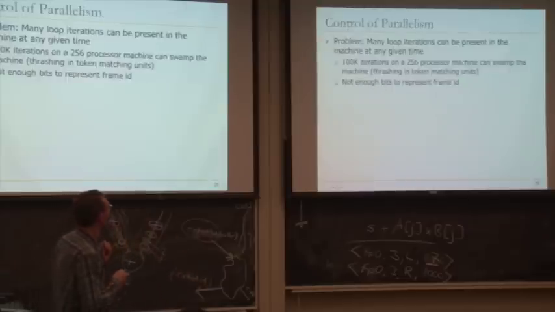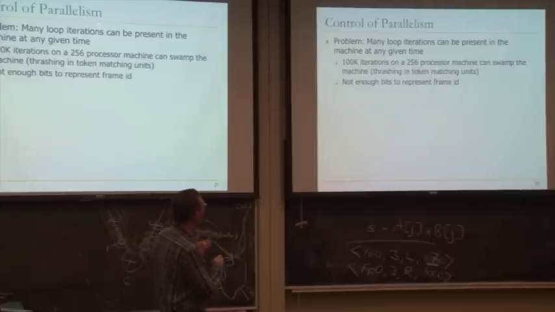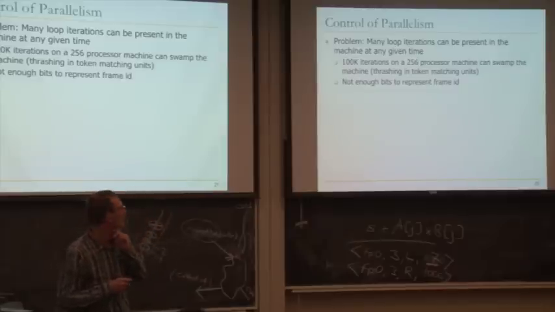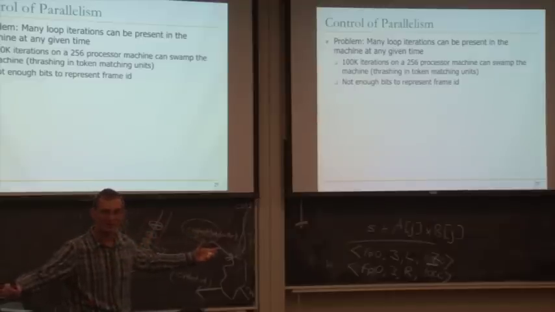Right? And what happens in that case? In that case, you need to store all of those tokens that are generated in these token matching units, or those frames that we've seen. Which means that you need to have enough bits to represent the frame ID, first of all. But also, you need to have enough storage for that. So how do you solve that problem?